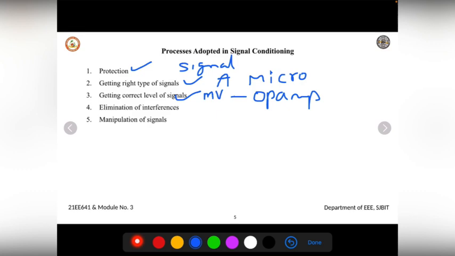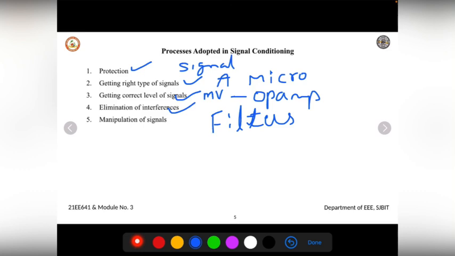And elimination of interference is very important. Some undesired signal or disturbance, such as noise due to electromagnetic interference, may be associated with the output signal. These need to be eliminated, and we can remove them by using filters.